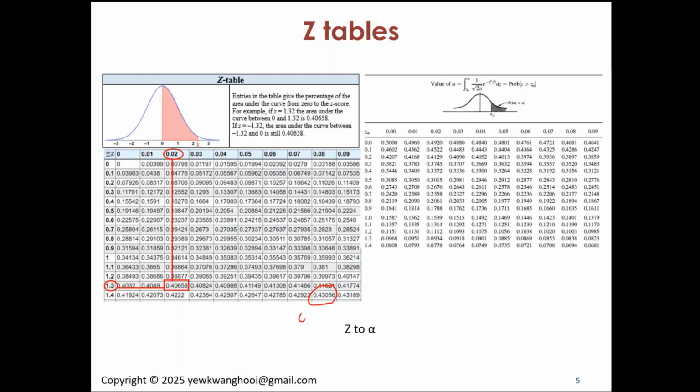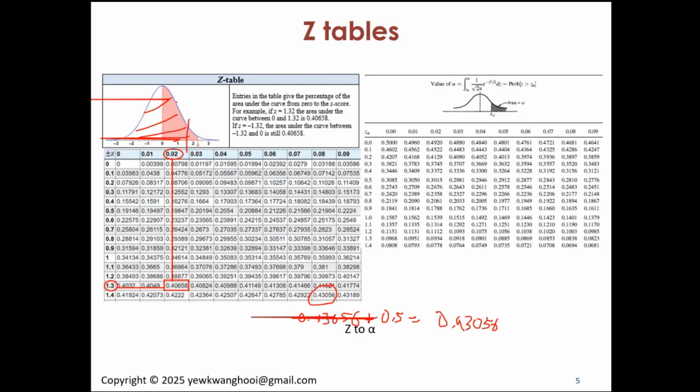So I need to take 0.43056 plus 0.5, which will give me 0.93056. Why? Because we want to get all the values up to 1.48 just now.